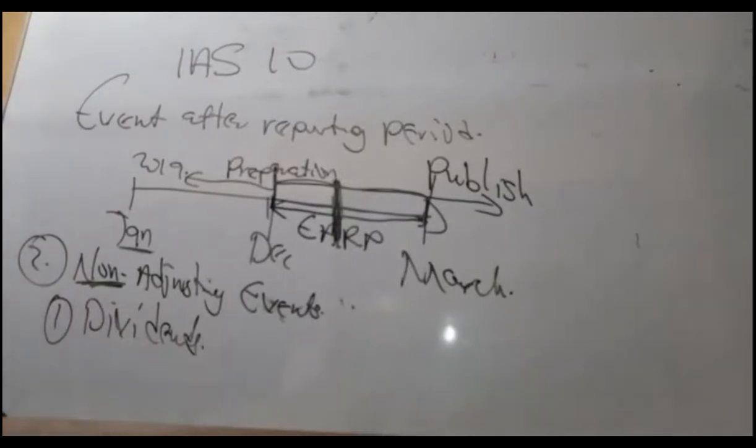Assuming that 2019 dividend, where would they declare it? When the year ends, they'll go for the first annual general meeting of the next year, and at that meeting, the board of directors will declare dividend. So it means that 2019 dividend will be declared somewhere in January or February.